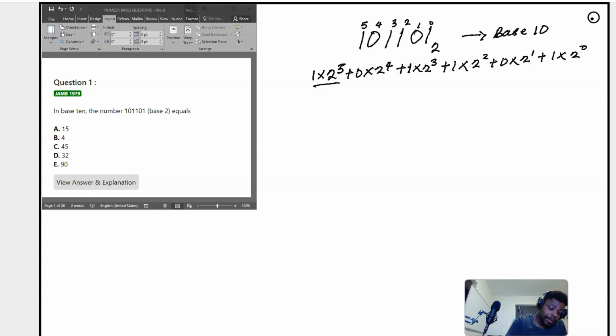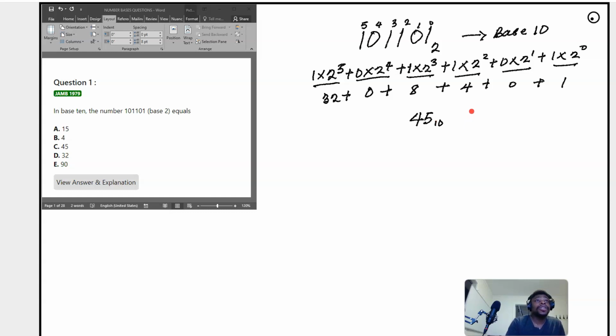So this gives me 32, this gives me 0, this gives me 8, this gives me 4, this gives me 0, and this gives me 1. So 32 plus 0 is 32, plus 8 is 40, plus 4 is 44, plus 0 is 44, plus 1, 45. So this is 45 in base 10. So our option here is option C.